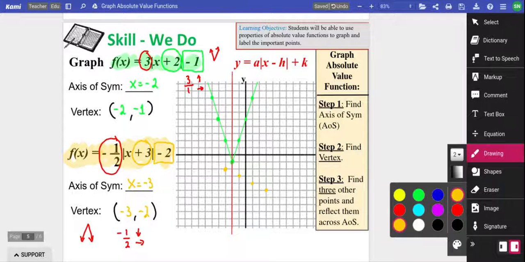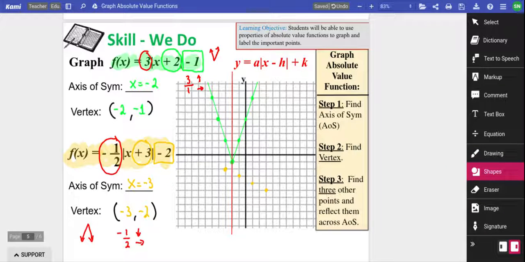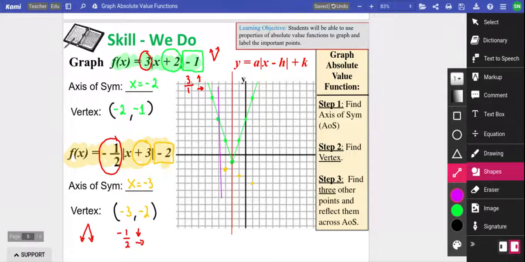I will be using a different color to draw the axis of symmetry for our second function. So the axis of symmetry for the second function would be this purple line right there.